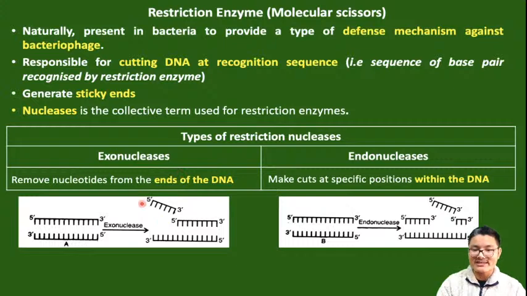Exo means external, outside, and the two ends of the DNA are the external part. Endonucleases act within the DNA, removing the DNA strand in between. So endonucleases cut DNA at specific locations within the DNA. I hope you have understood.